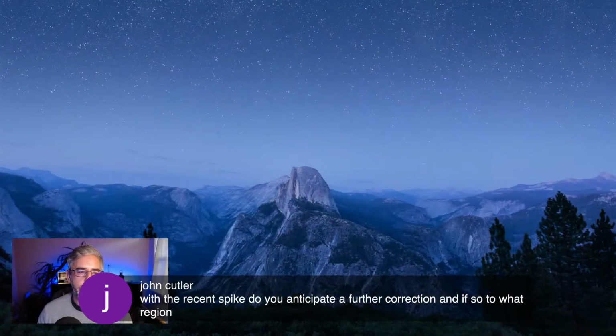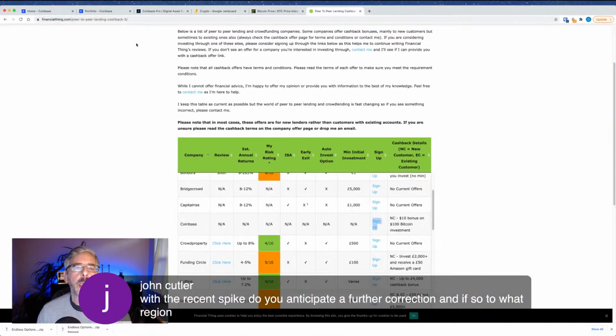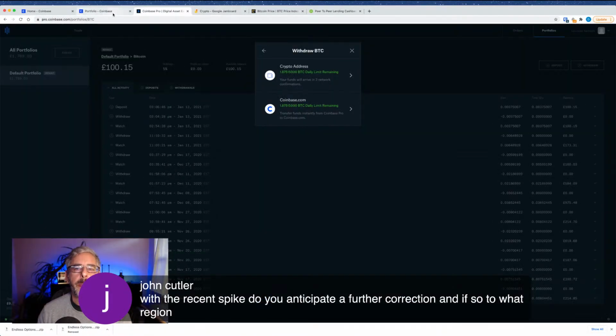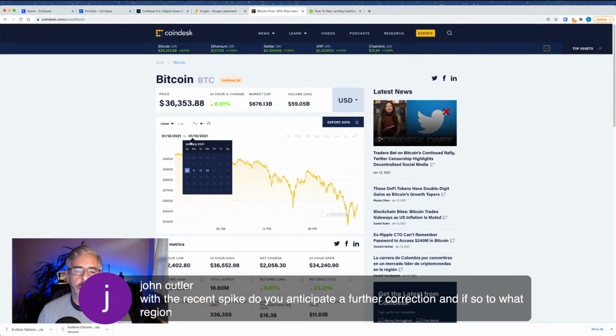This is one of the other reasons I wanted to show you how. Let's have a look here. I want to show you why you want to set up a strike price for limit orders if you're looking for a certain price. You can see this was on January 10th when we had the big correction down from almost 41,000.